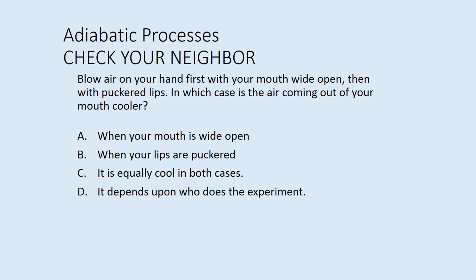For example, if you've burned your finger on the stove, you might try to cool it off by puckering your lips and your cheeks and forcing the air out through a small hole in your mouth.